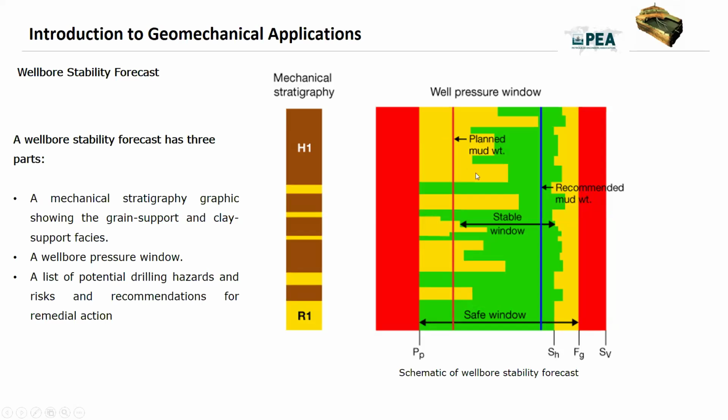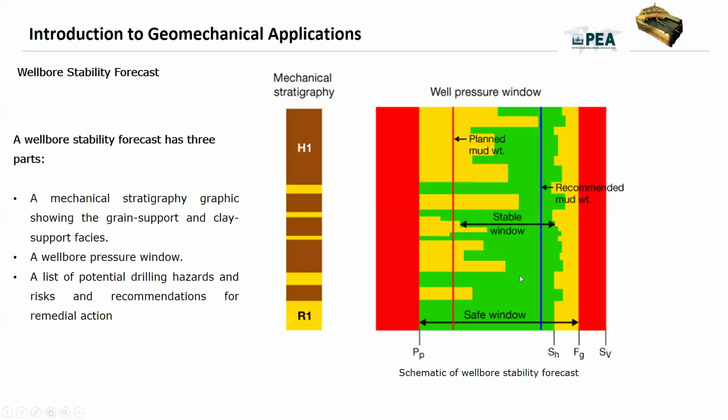So here we have a schematic of a wellbore stability forecast. We have to select the drilling fluids to be aligned with the stable window, so they don't react chemically with the stratigraphic sections. The wellbore stability forecast also predicts either breakout or fluid losses when drilling with pressure outside of the stable window.